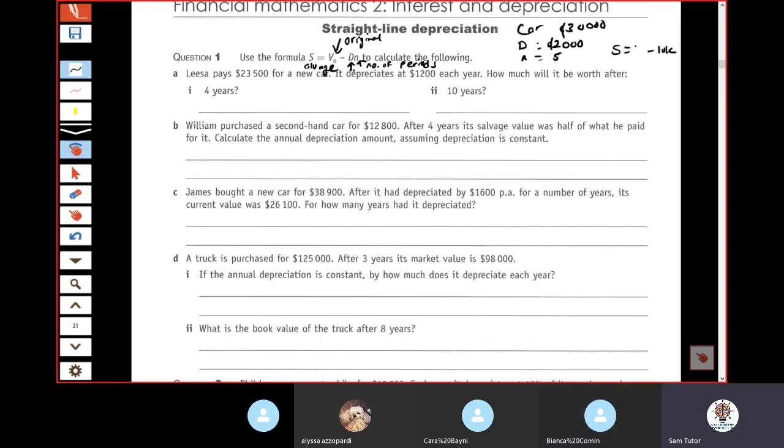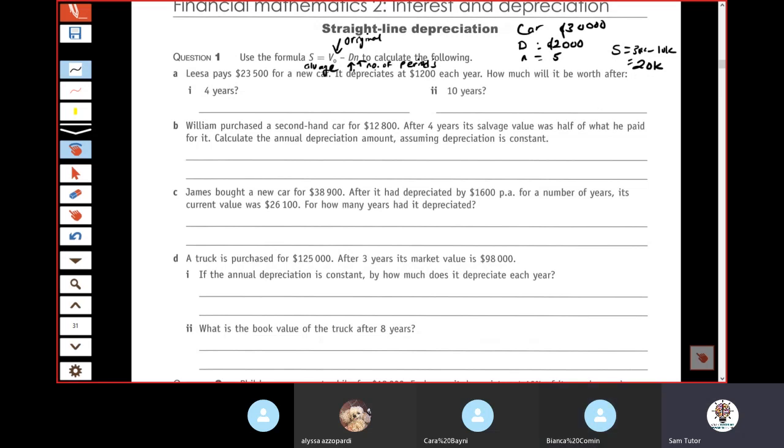You bought the car for 30K, so it's worth 20K today. That's exactly what this formula is: original, 30,000, minus D, 2,000, times N, 5. So 30,000 take away 10,000 equals $20,000, and that would be your salvage value.